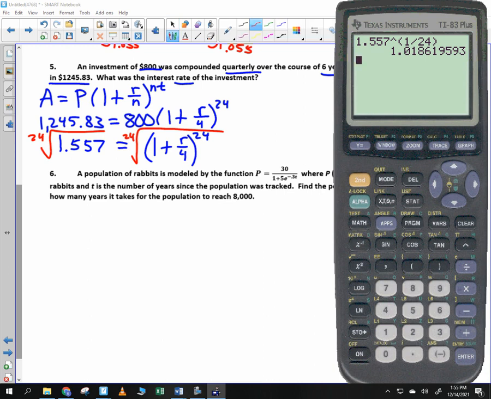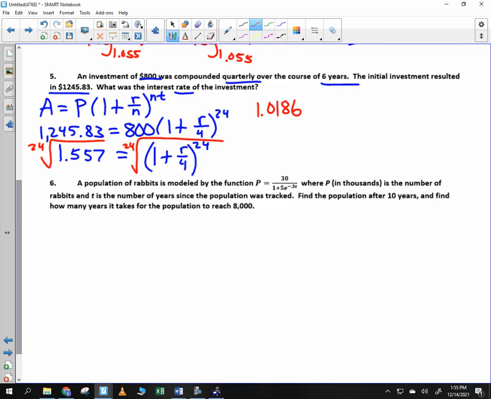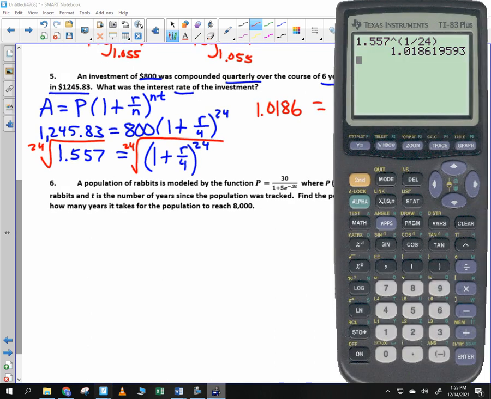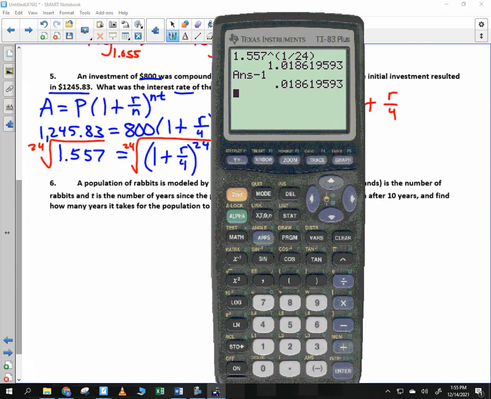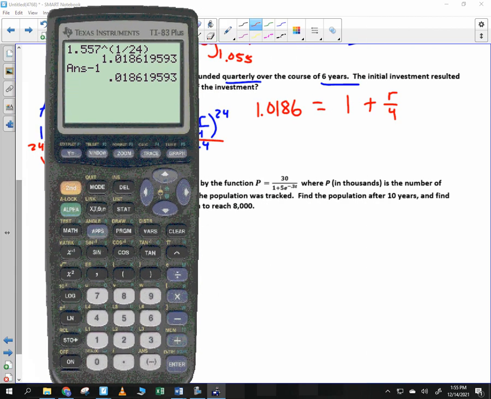How do you know? 1.0186 is equal to 1 plus r over 4. Now what? Minus 1. And then I multiply by 4.